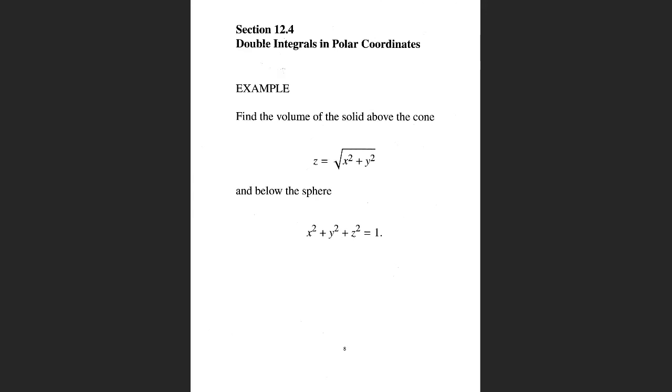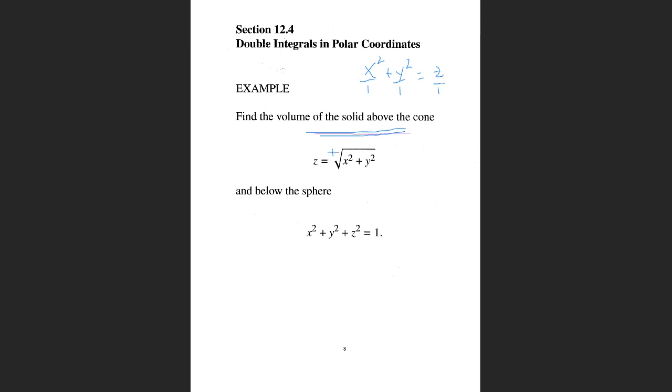So we want to find the volume of a solid above this cone, and this is the top part of the cone. Remember the standard cone you see in the problems is x squared over 1 plus y squared over 1 equals z over 1 squared. Remember from section 9.6, the standard form of a cone. That meets the requirement. And then if you take the square root of both sides, you get the positive.